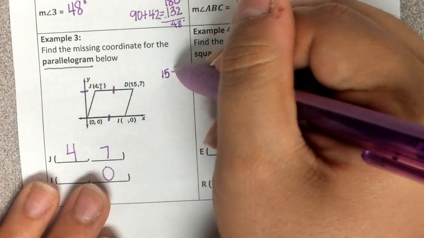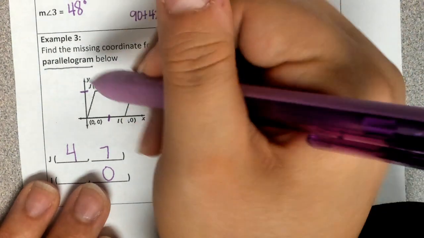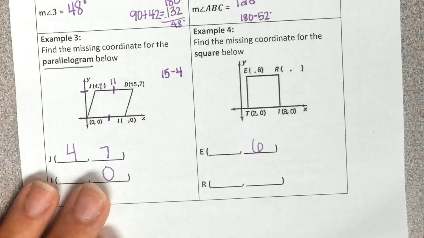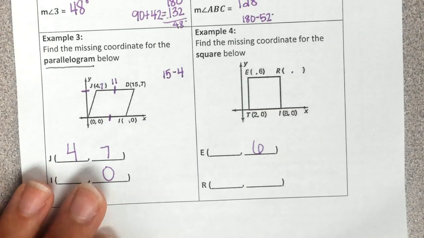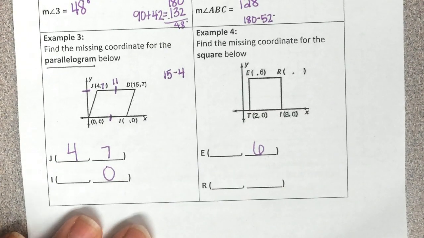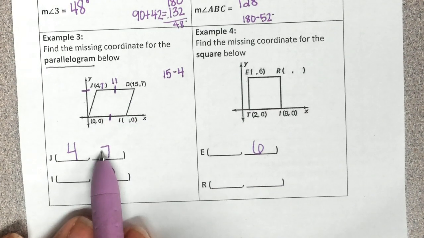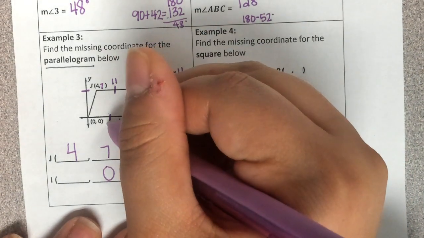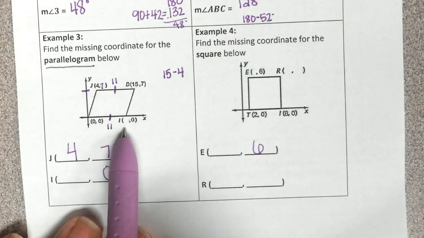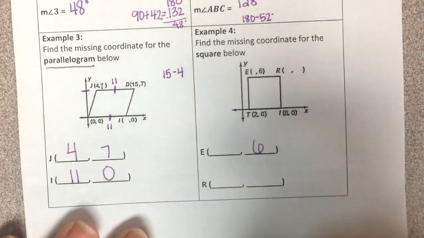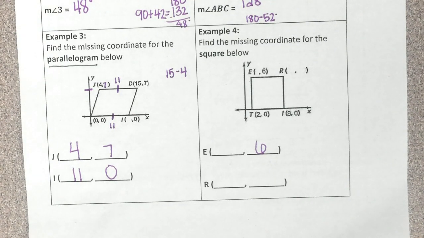What is 15 minus 4? I'm going to count 11. So if I counted 11 for the top, how many would I count for the bottom? And if I start at 0, where am I going to end up at? 11, 0. Does that make more sense? Okay? This was definitely one of those problems where we get overwhelmed and we just give up. Don't give up. Process.